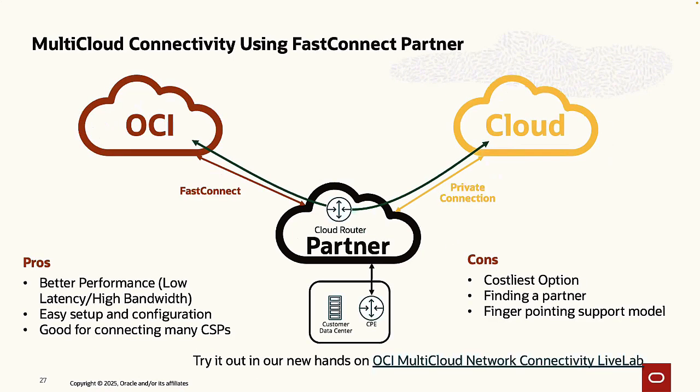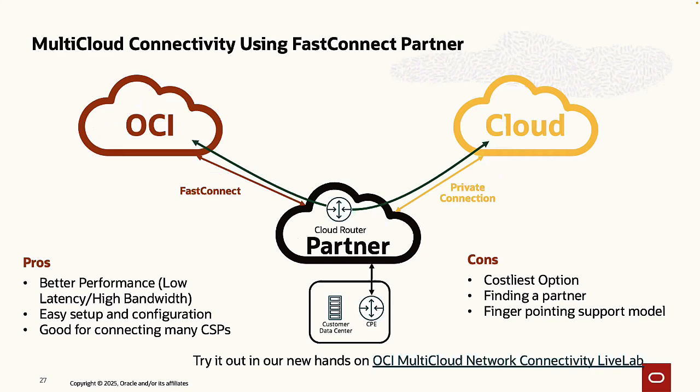With that said, for better performance and reliability, we recommend using our FastConnect service to establish multi-cloud connectivity whenever possible, especially for production workloads. While more costly, this solution provides the SLAs and predictability that's typically needed when running production workloads between two cloud providers.